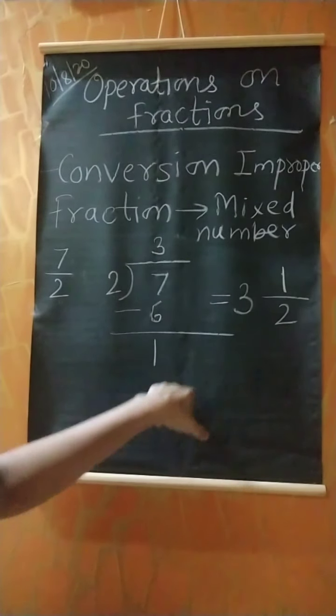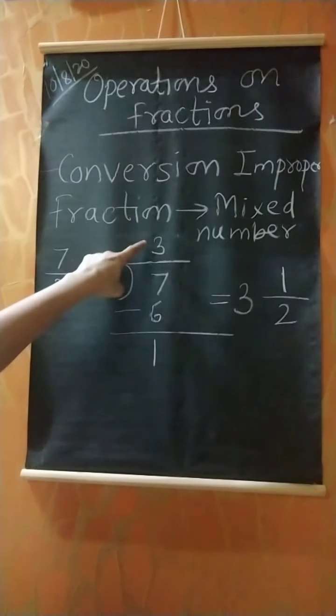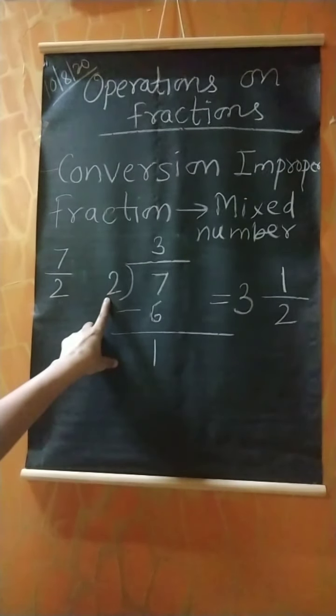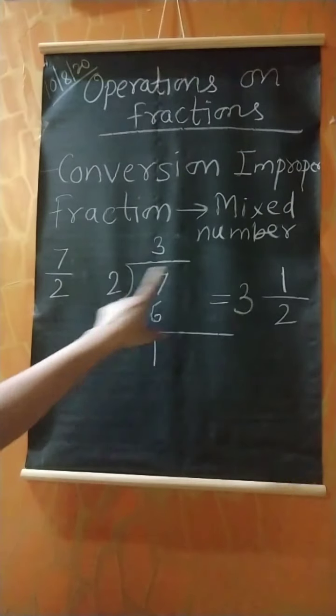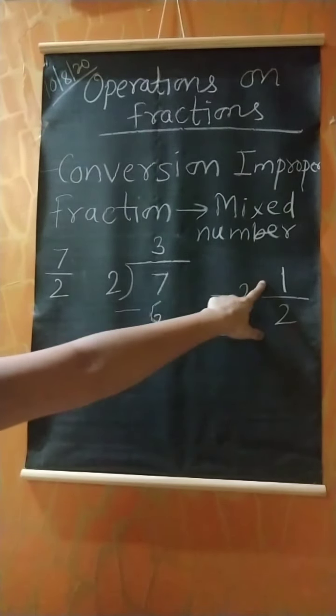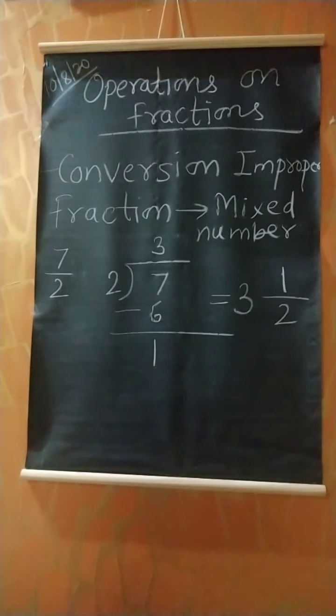From this process, when we are writing our mixed fraction, always write the quotient as a complete number, then your divisor is in the denominator place and your remainder in the numerator place.